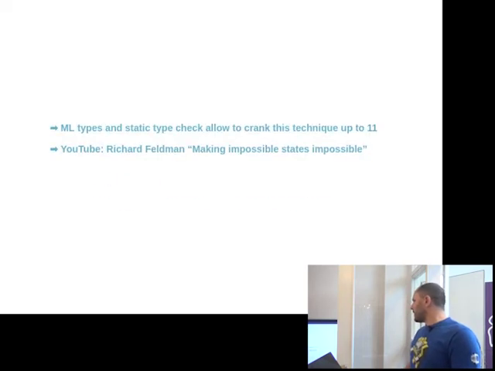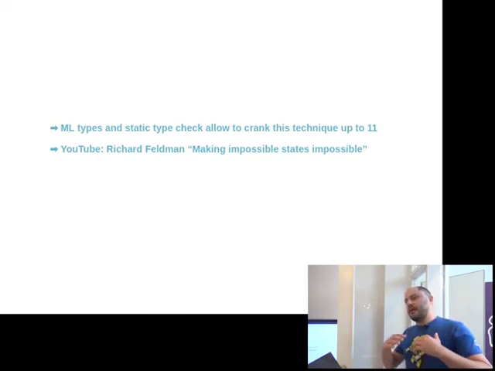So to finish this, some languages, again, in the JavaScript world, we have ReasonML, we have PureScript, we have Elm. On the back end, we have OCaml, we have Haskell. These languages that offer ML types allow you to crank this technique up to 11.